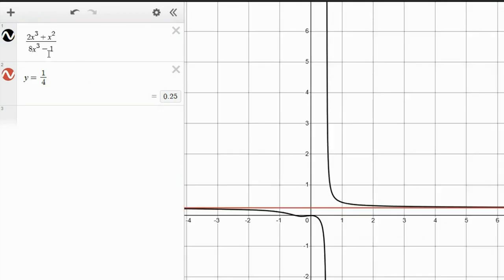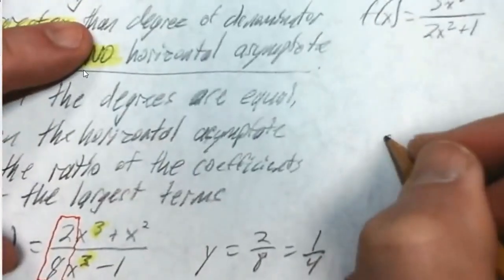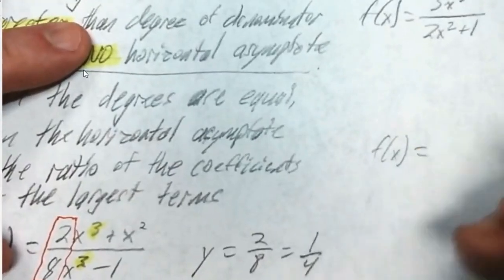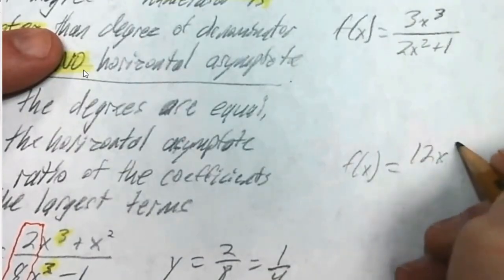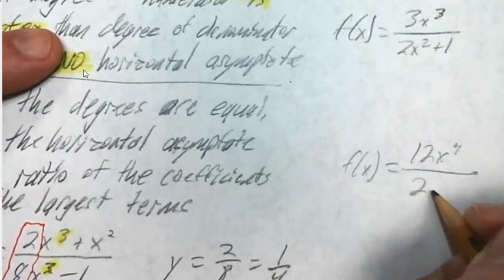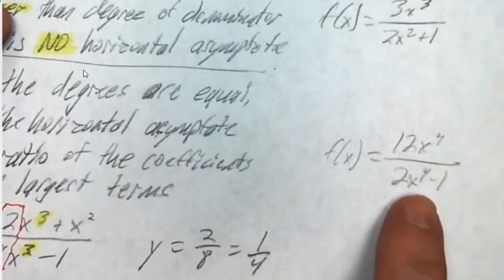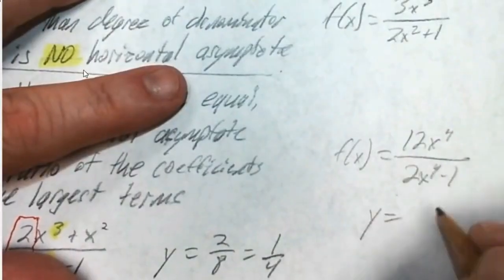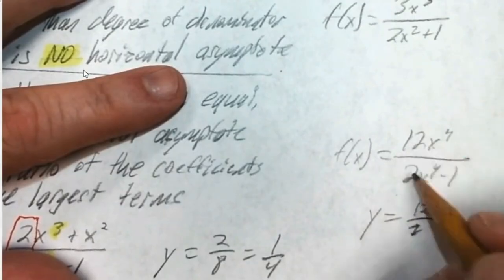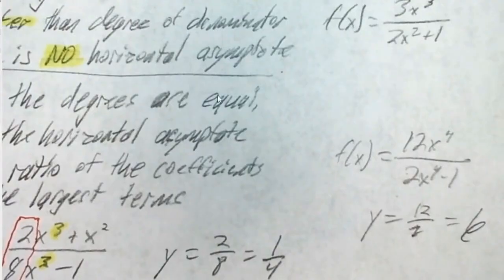Now, if we want to change the coefficients, let's say f of x equals, we'll say this is 12x to the fourth over 2x to the fourth minus 1. These are both x to the fourth, so the horizontal asymptote is going to be at 12 over 2, because that's the coefficients, which means it's at y equals 6, because 12 divided by 2 is 6.